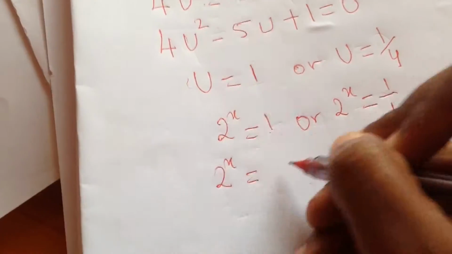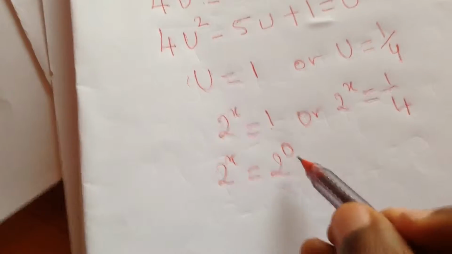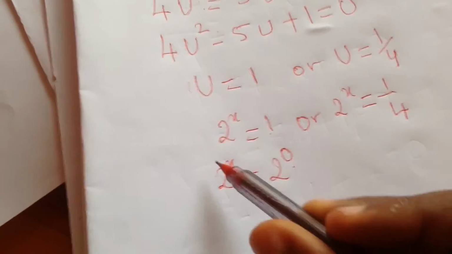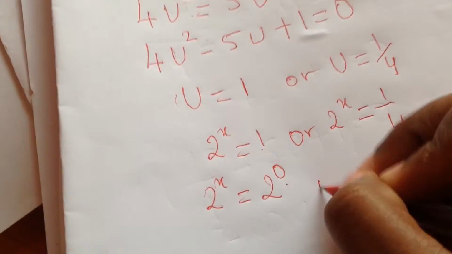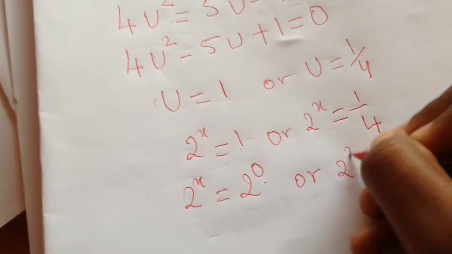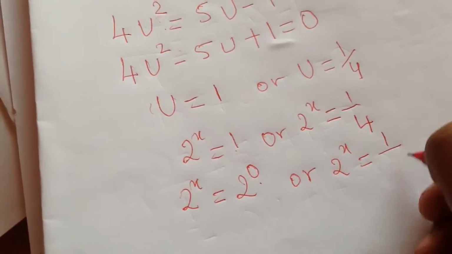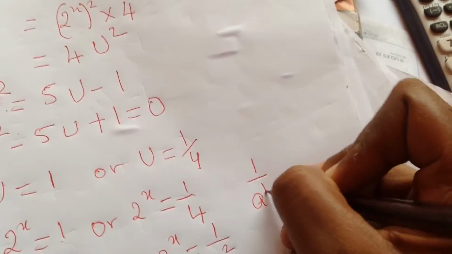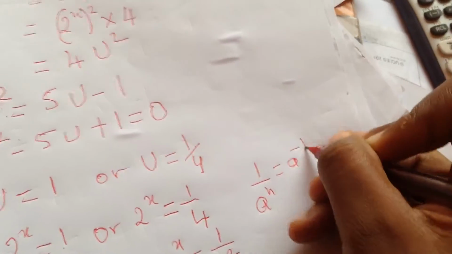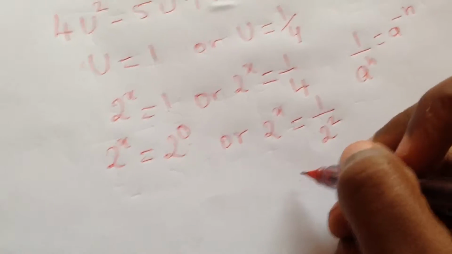So I'll write 2 raised to the power of x is equal to 2 raised to the power of 0. Any number raised to the power of 0 is 1. I'm choosing 2 so that it will make some sense. Or 2 raised to the power of x is equal to (1/2) squared, and any number of this form is the same thing as a to the negative n. Yes, it's a formula, so you need to learn that.